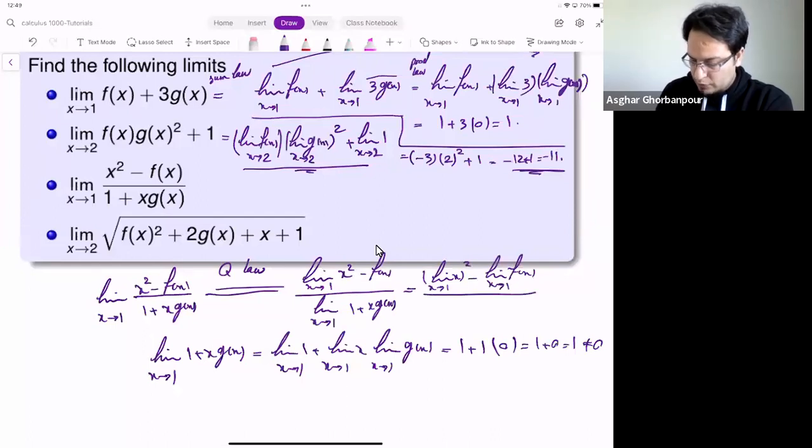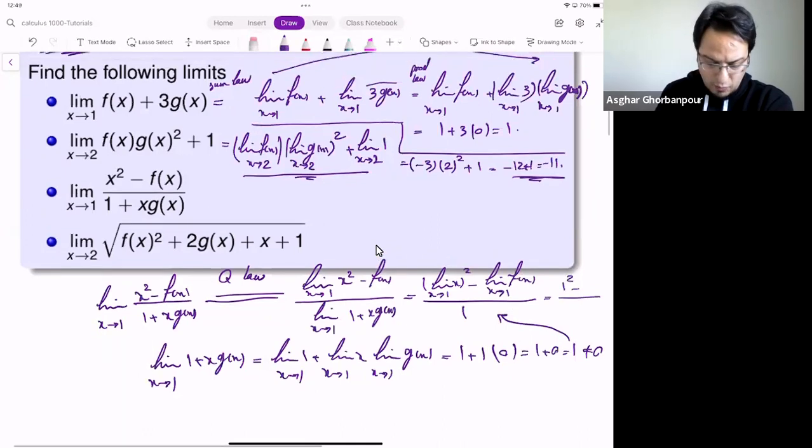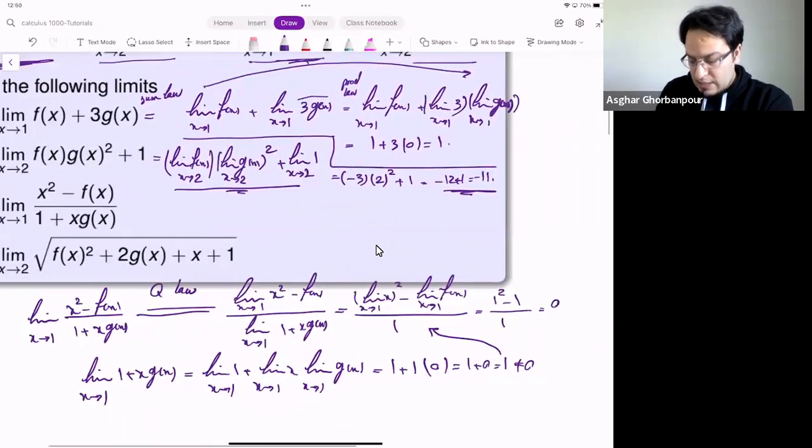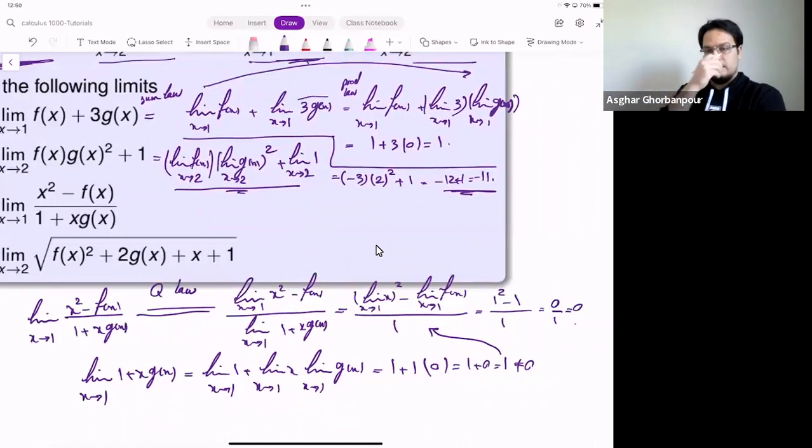We already computed the limit of the other one, which was 1. So I have 1 squared minus the limit of f(x) as x goes to 1, which is 1. So 1 squared minus 1 is 0 over 1, which will give me a limit of 0.